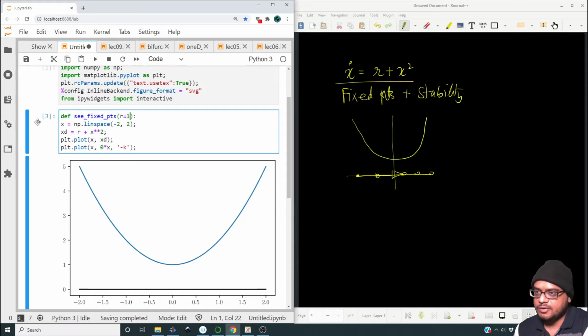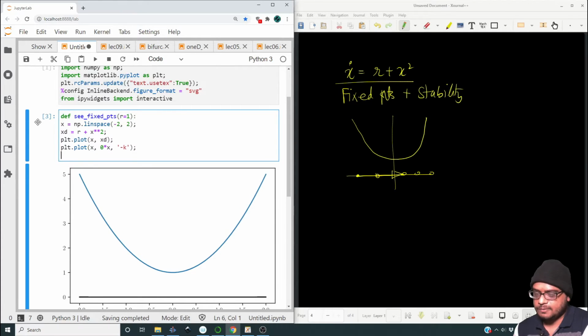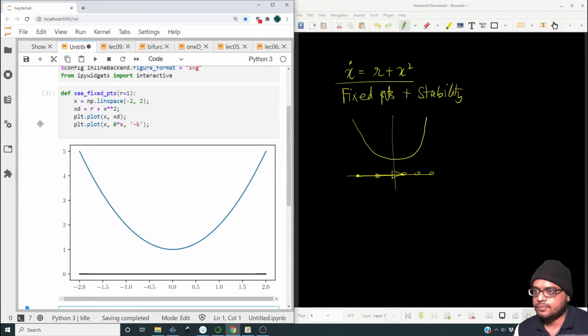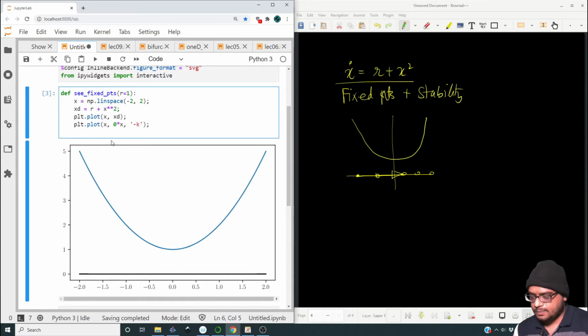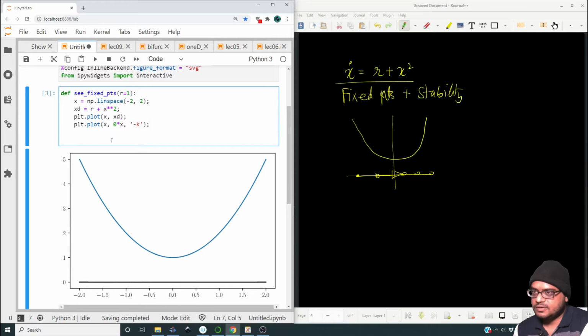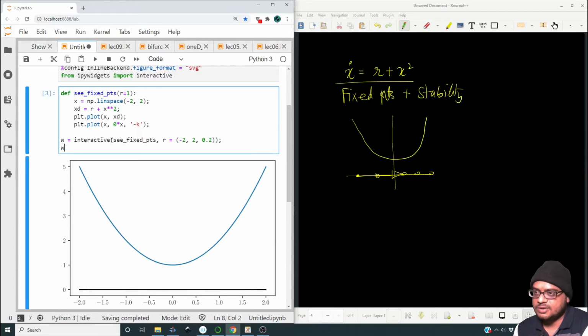Let us set a default value of 1, and over here we will put everything inside the function definition, and we will say w equal to interactive. We will pass the function handle, and we will say r goes from -2 to 2 in steps of 0.2. We will display the widget.